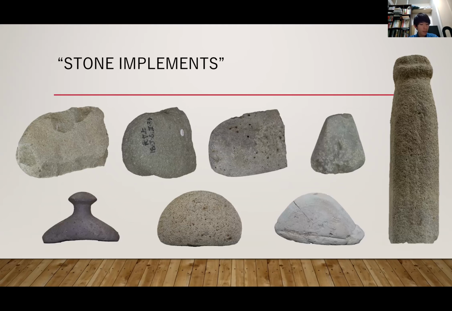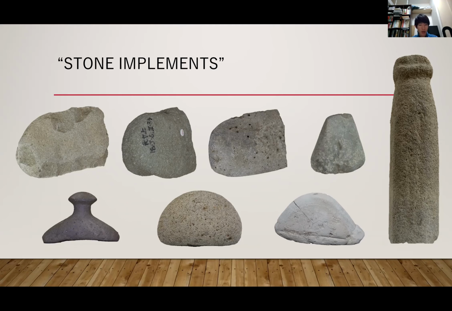After touching the explanation of stone implements, I will explain the history of study. Stone implements are one kind of lithic tools which were basically made by flaking, knocking, and polishing. Stone implements are thought to have been used at rituals.